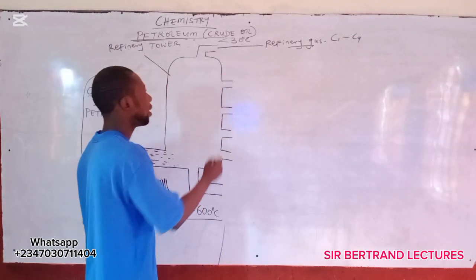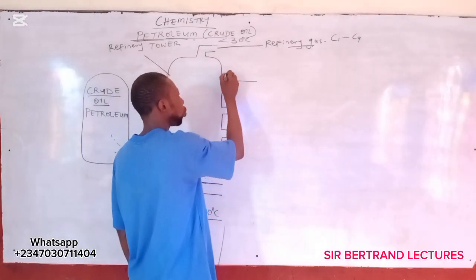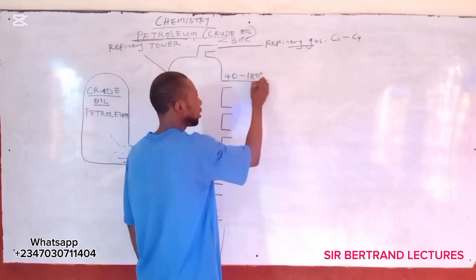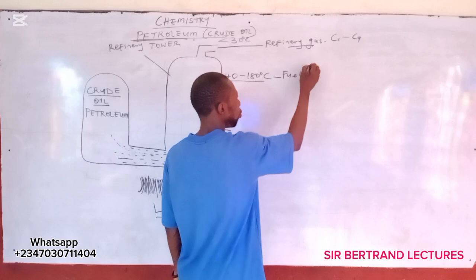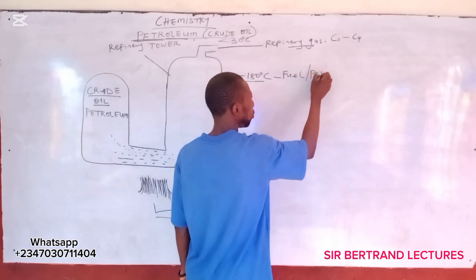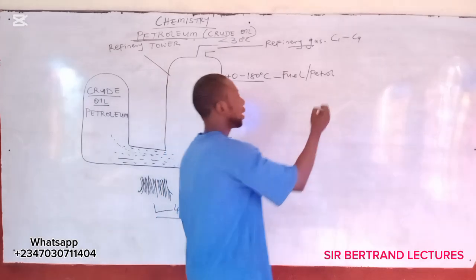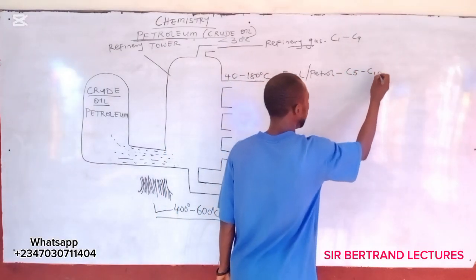Then the next is refined at a temperature in the range of 40 to 180 degrees Celsius, and that is fuel or petrol. You can call it naphtha or gasoline, and it contains carbon 5 to carbon 10.